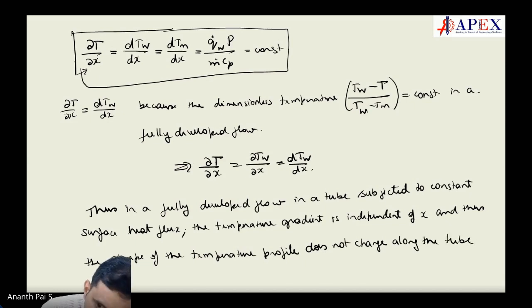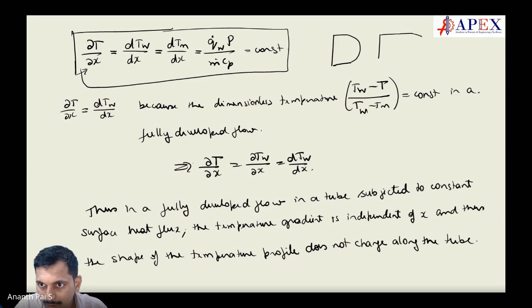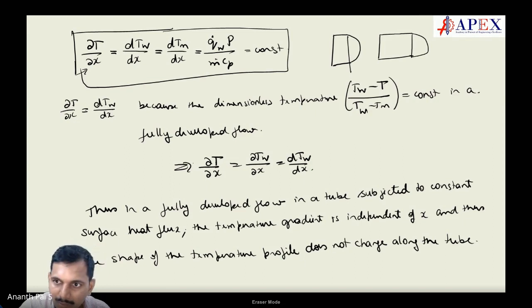Very, very important. The shape of the temperature profile does not change. Although the quantity may increase, the shape is the same. You may get it here, you may get it like this. Next one, it may be like this, and then this. I'm exaggerating. It is the same thing. I'm copying this part and pasting it.